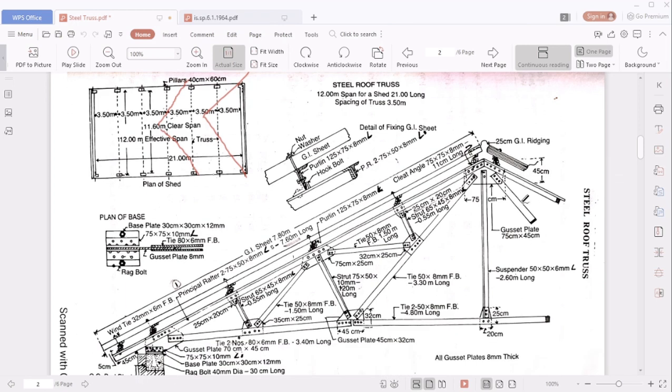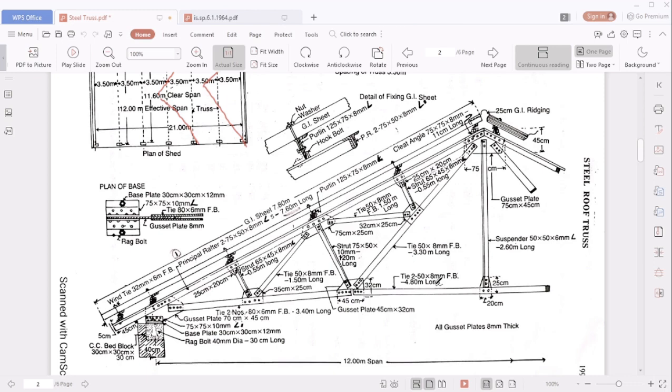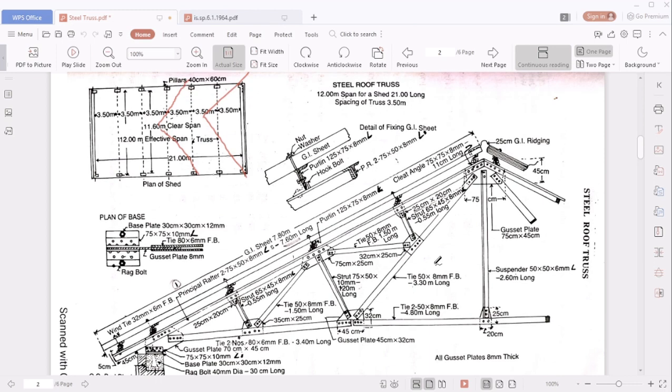Another half is this side, which is not given because it is of the same length and same specification. Whatever the specification we find here, the elements which are 1, we have to take as 2, because another section is also there, and we have to do the whole truss at a time only.